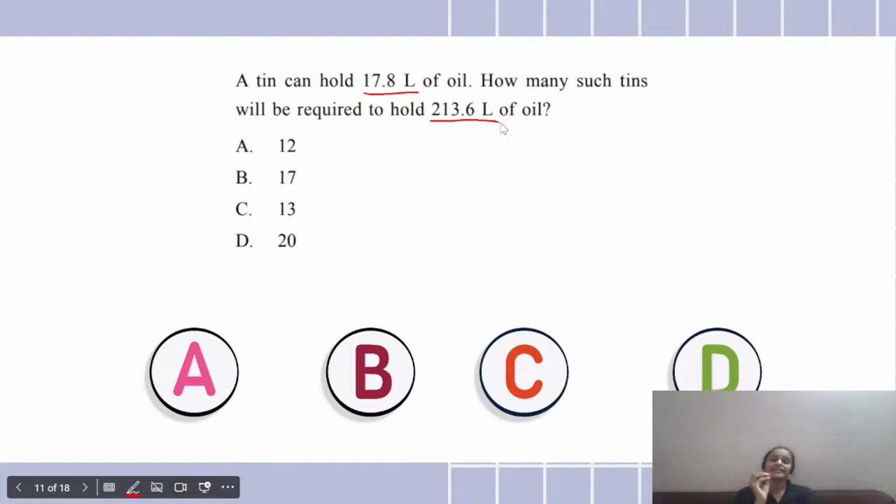So how many tins will I require to hold 213.6 liter of oil? Okay, once again, Banishika has given me the answer first, but whether it's right or not, we will check in a while.